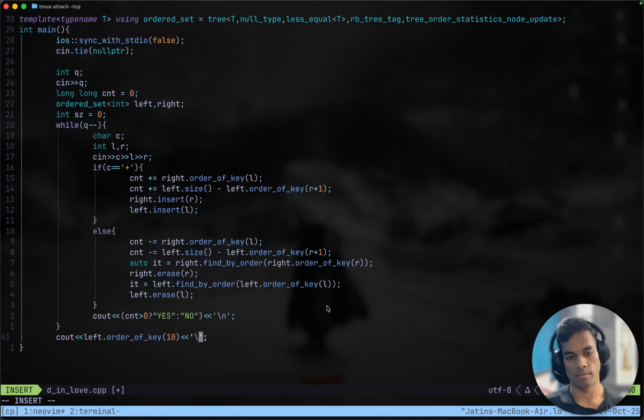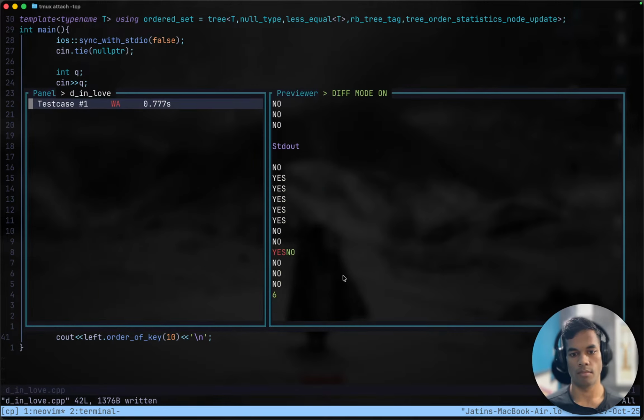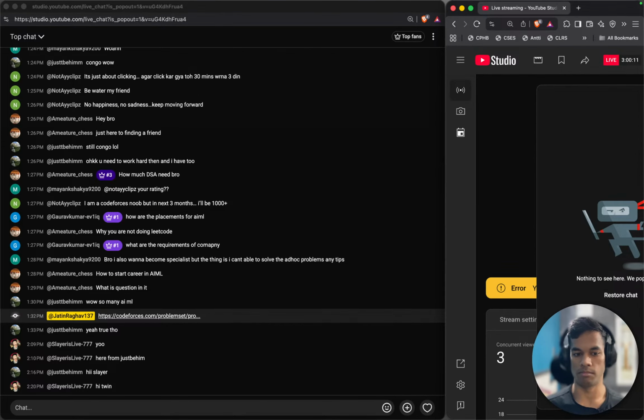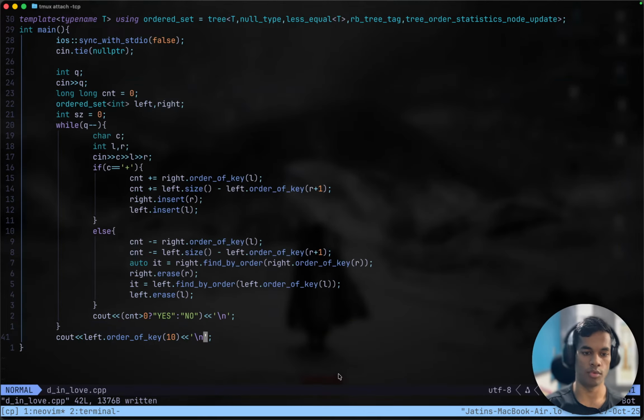It's 6, which is wrong. 6 is wrong because we should have removed everything. So 6 is wrong.